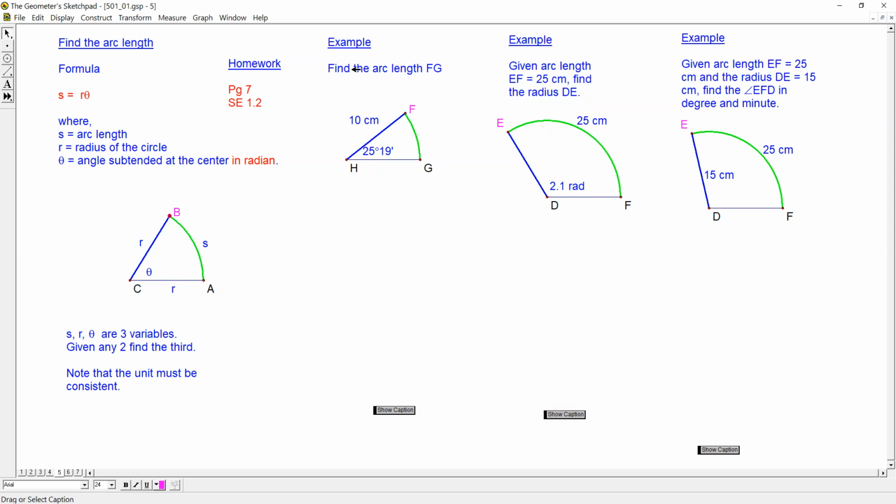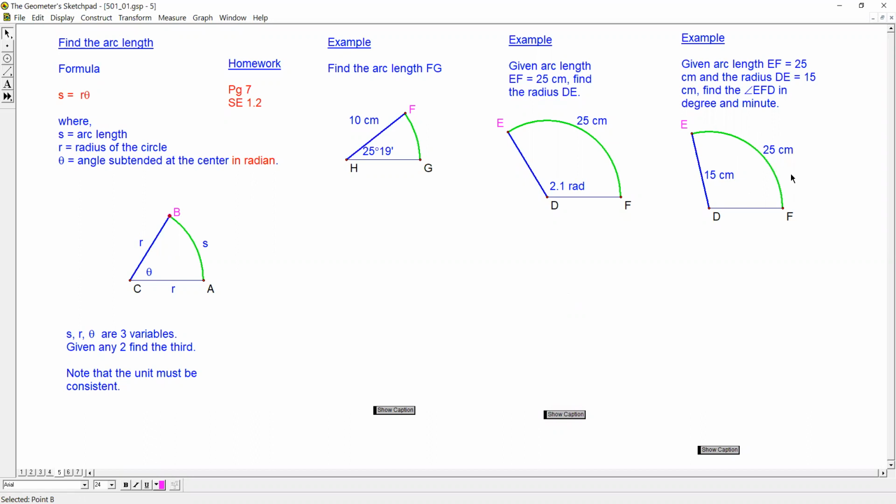For example, in the first example you are given r and theta. Can find the green line? Can. Now look at the second example. The green line is given, the angle is also given, and you want to find the radius. Can or not? Can. As long as you are given 2 variables, you can find the third variable.